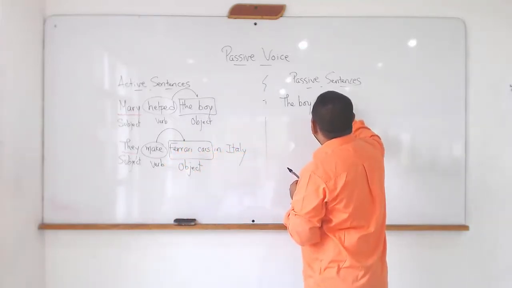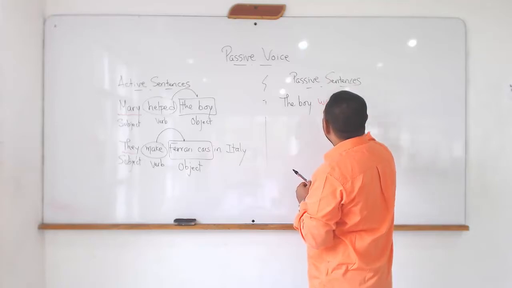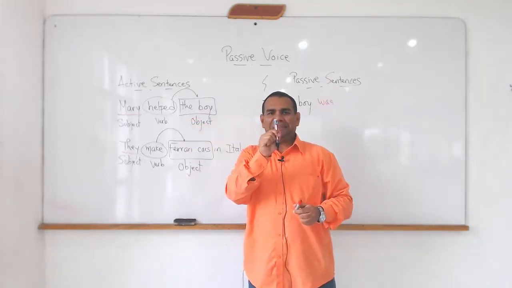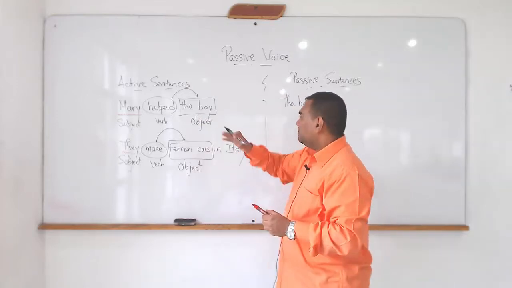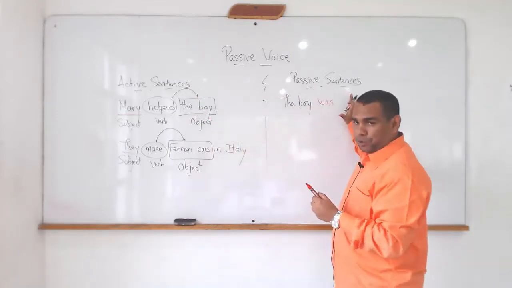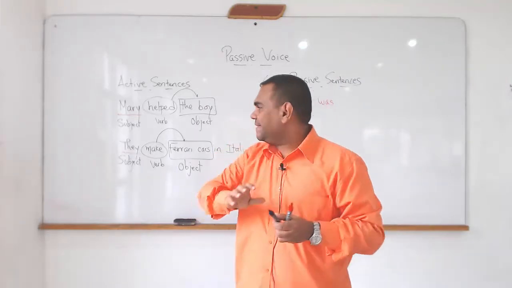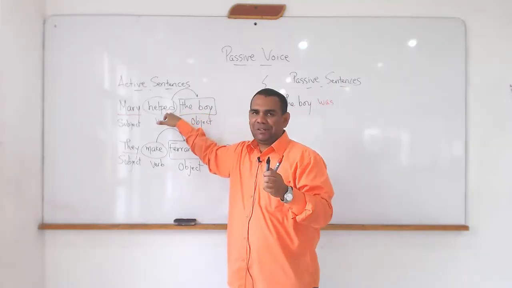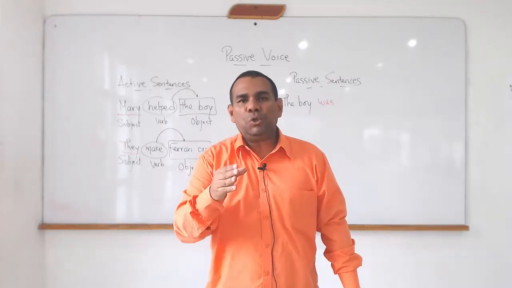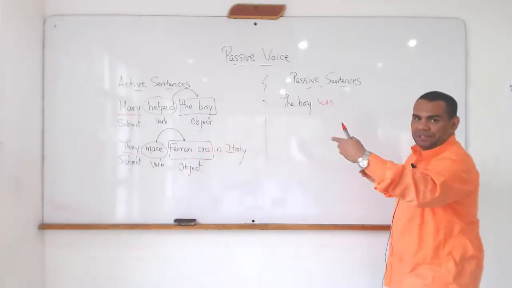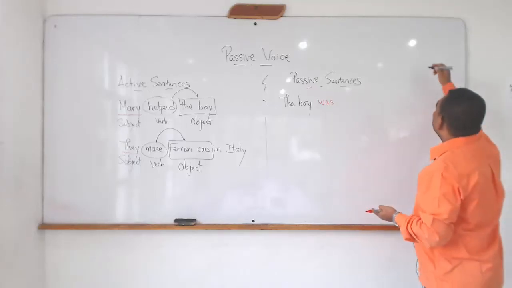Well, we say the boy was, and now this verb is going to be taken into account too. The presence of this verb is here too, but not in terms of the tense that was used here, but we are going to use the past participle of such a verb, which in this case is the same because it is a regular verb.